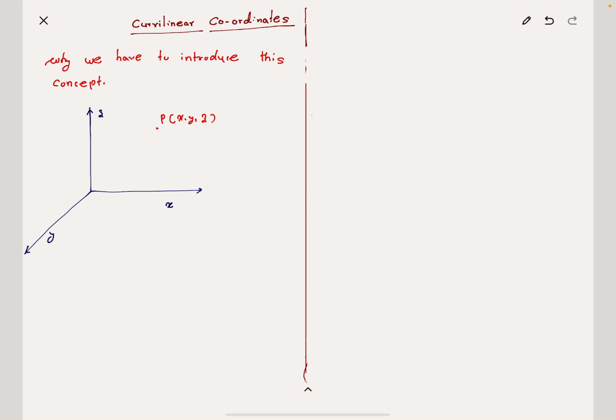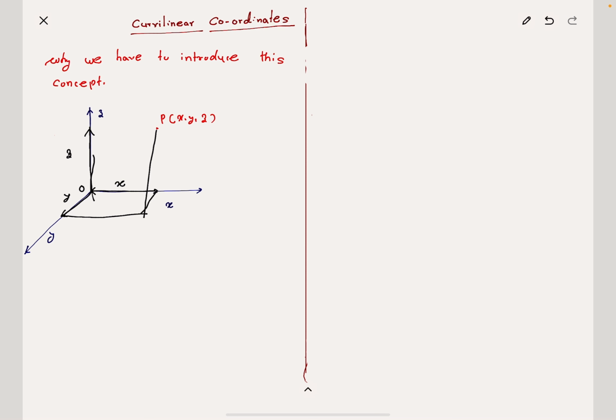the particle is say at distance x from origin O in the direction of x-axis, at distance y in the direction of y-axis, and at distance z in the direction of z-axis. And so when we add these together, you will get something like this diagram.